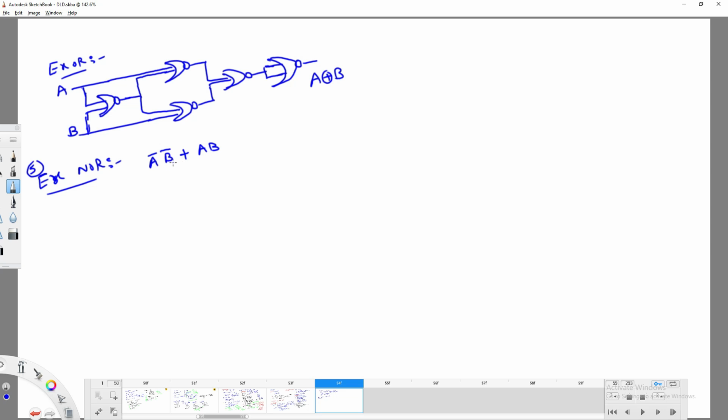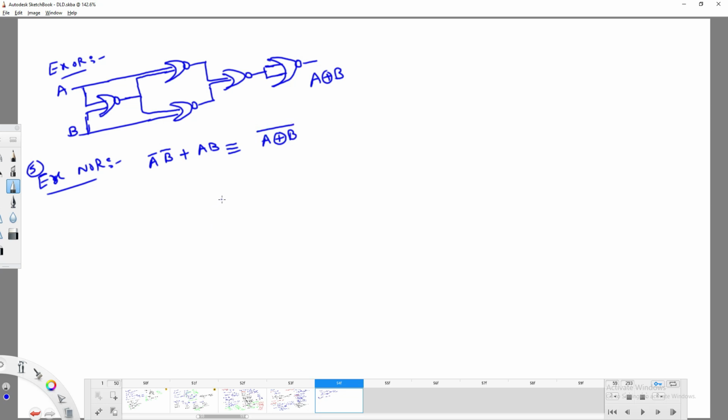Okay, so how can I derive this? Can I write A bar B bar plus AB as A XOR B whole complement?